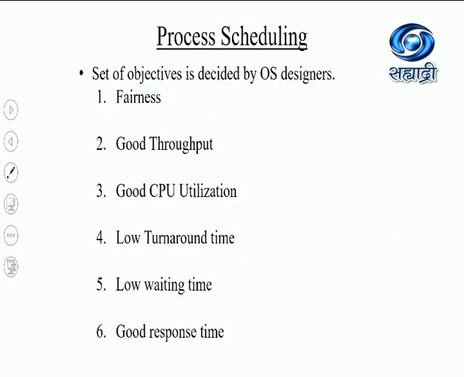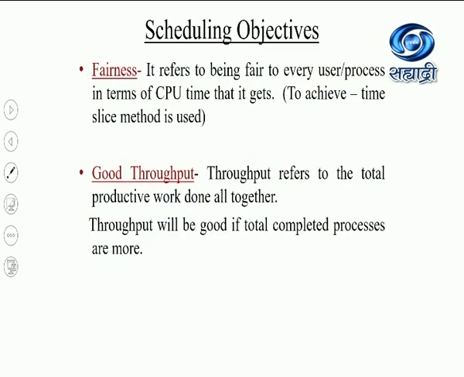Now, for scheduling the processes, set of objectives is decided by OS designers. Which are they? 6 objectives are there: fairness, good throughput, good CPU utilization, low turnaround time, low waiting time, and good response time. Let us see them one by one.